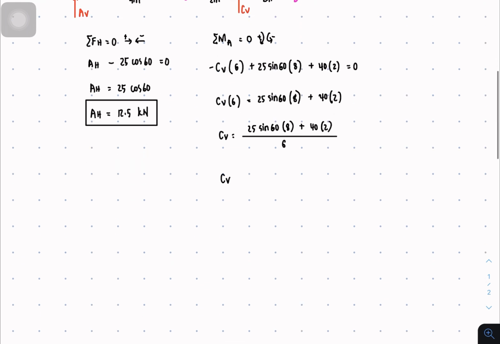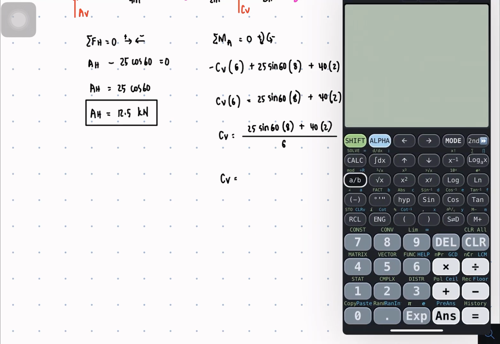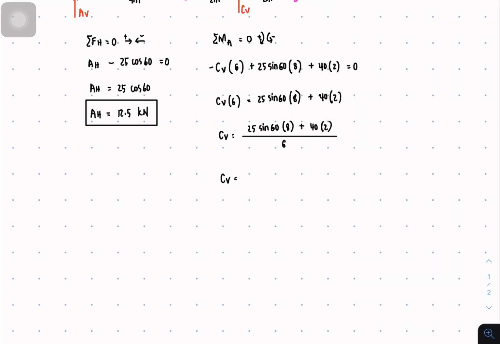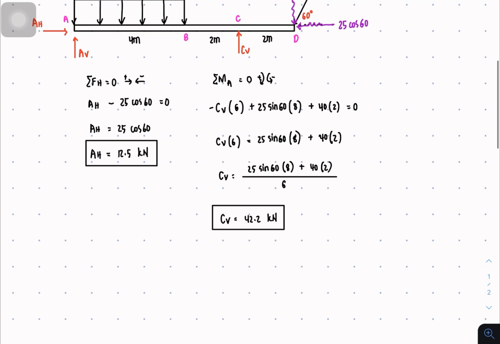So our CV now, you get your calculators, so that's 25 sine of 60 times 8 plus 40 times 2 divided by 6. So that's 42.2 kilonewtons, and this is your CV value. So this is the value of your reaction at C.